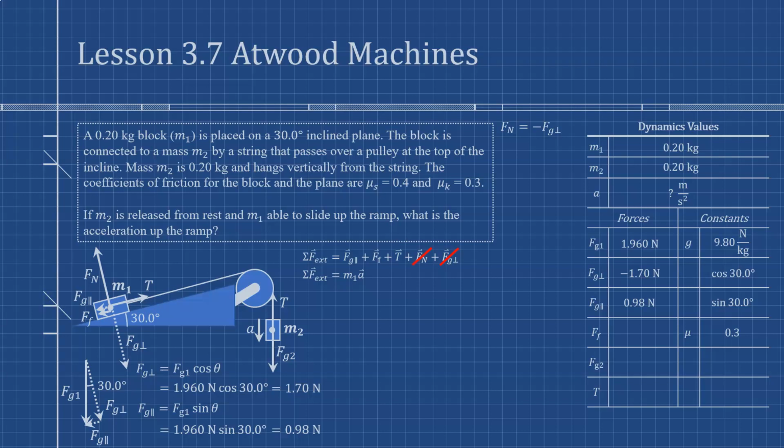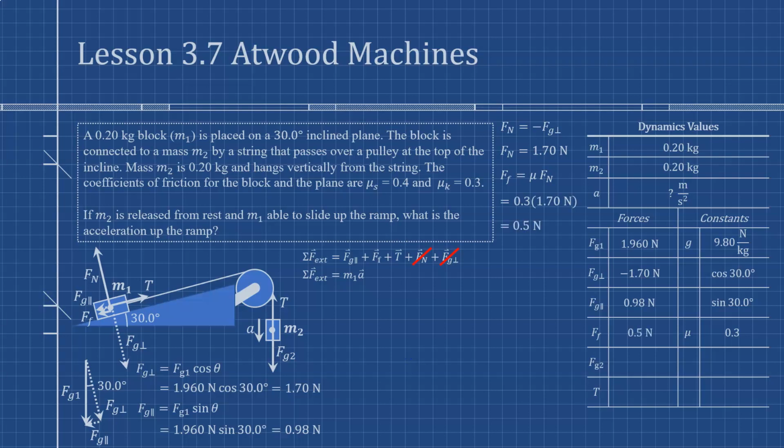And normal force is actually a force I can use to figure out what friction is, mu times the normal force. So I'm just going to go with this. I know what the value of Fg perpendicular is. It's negative 1.7 newtons. So if I plug that in, I find that the normal force is positive 1.7 newtons. And then the force of friction, which is mu times the normal force, ends up being 0.3 times 1.7 newtons, or the force of friction is 0.5 newtons.